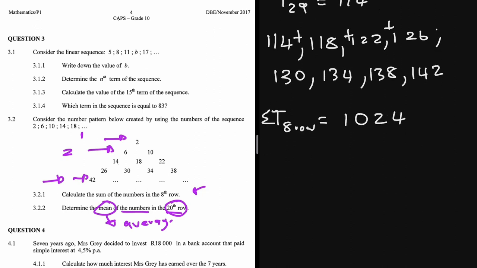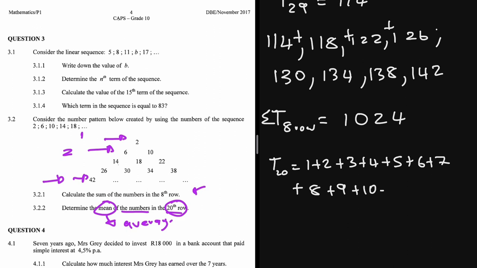We're going to say the first term of the terms that are in the 20th row is going to be 1 plus 2 plus 3 plus 4 plus 5 plus 6 plus 7, 8, 9, 10, 11, 12, 13, 14, 15, 16, 17, 18, and 19.